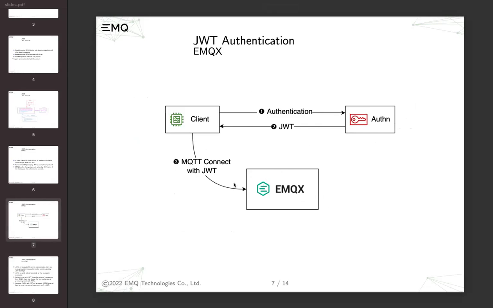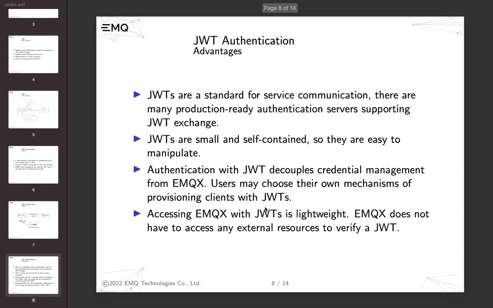It just can validate the JSON token with keys or some secret. That also makes JSON Web Token authentication very lightweight, because EMQX doesn't have to access any external resources when authenticating a client.